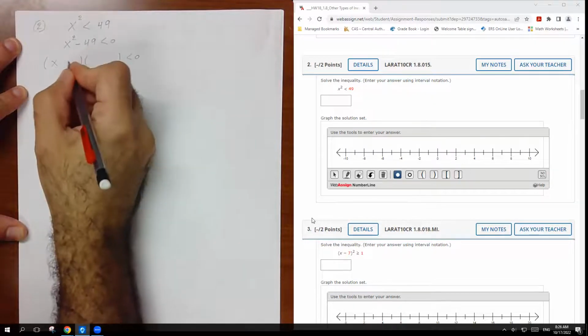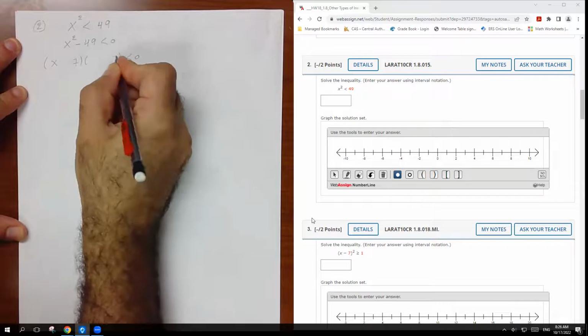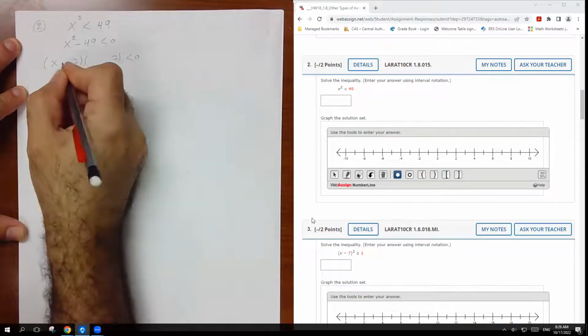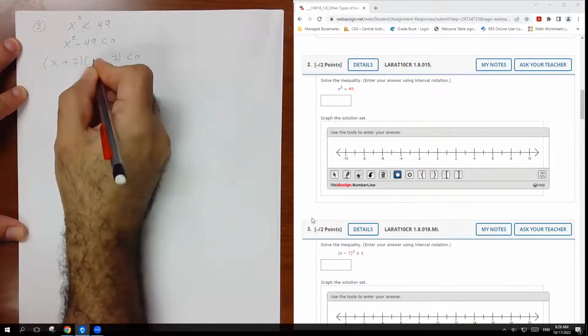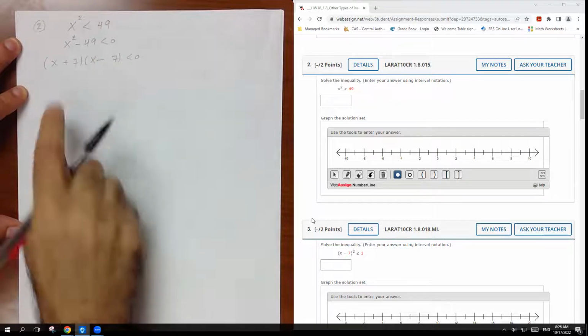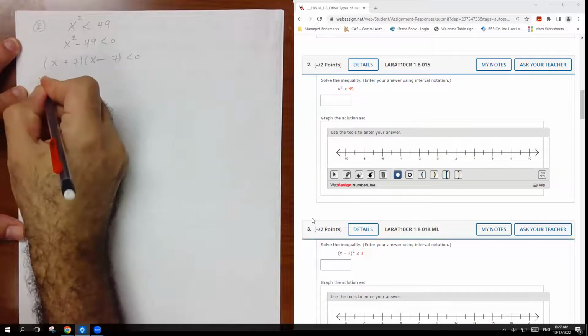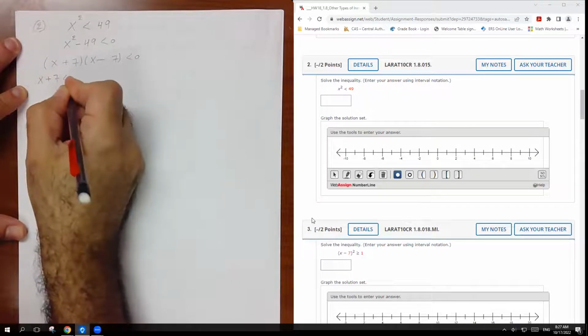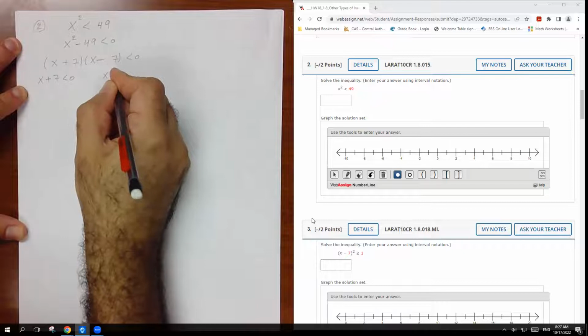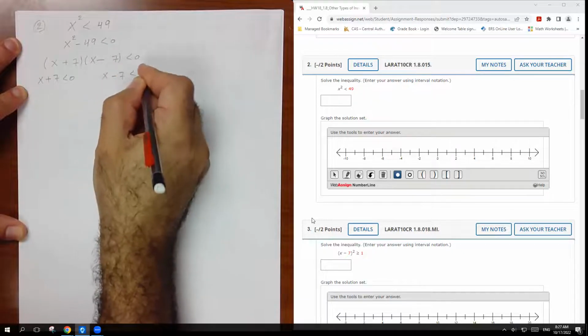Then put 7 here and 7 here. 1 plus, 1 minus. There's the x. So now we have two parentheses less than 0. That means x plus 7 less than 0 and x minus 7 less than 0.